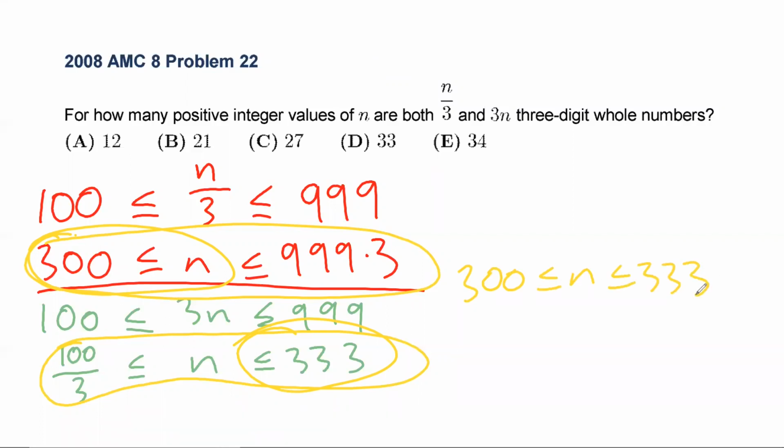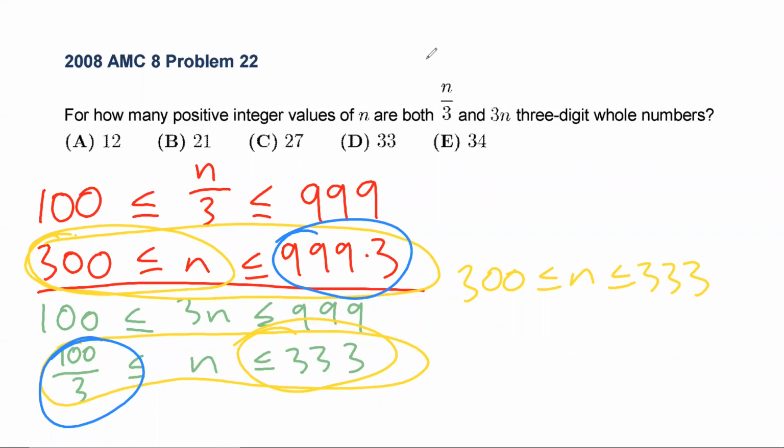When you're combining these two inequalities, you're always looking for the strictest conditions. The reason we ignored this one and this one is because there were stricter conditions telling us what n could be. So now we have n is between 300 and 333.